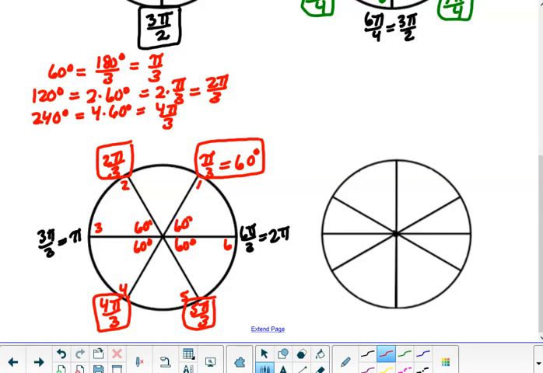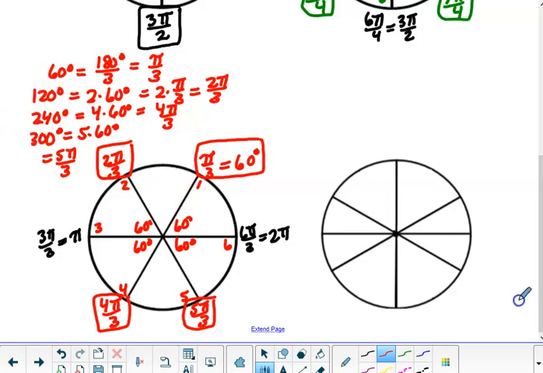And 300 is 5 times 60, which equals 5 pi over 3. So we're just multiplying pi over 3 times different whole numbers, because these are all multiples of 60.